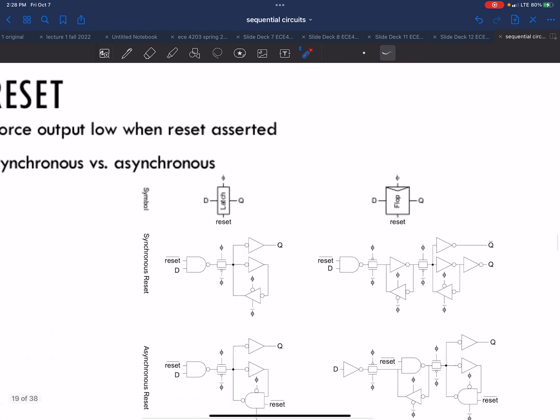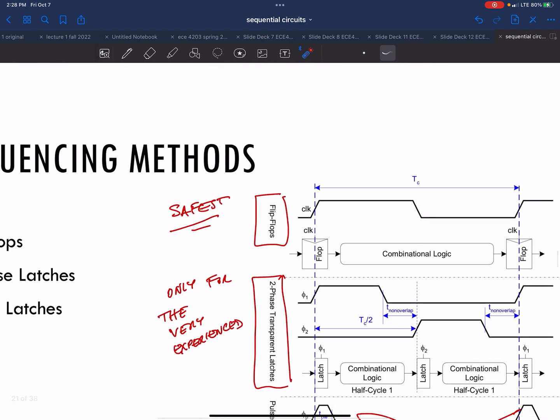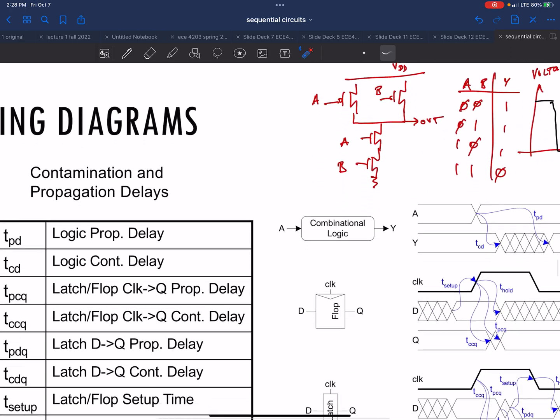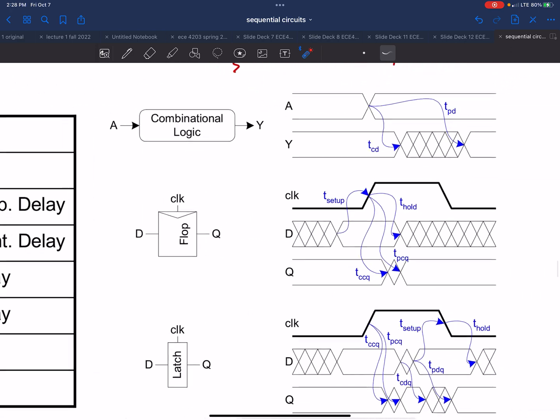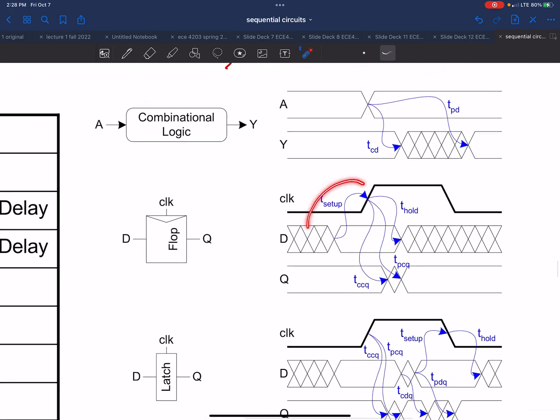So if I go back to this, that's the setup time. D can do whatever it's going to do here, but it better settle down a certain amount of time before the clock edge happens. If it's wiggling around right here, repeatedly going high, low, high, low right up against this clock, I won't know which one I'm going to grab.